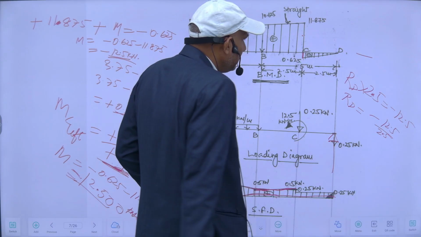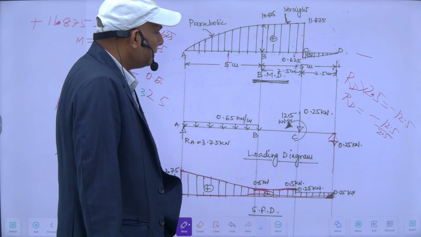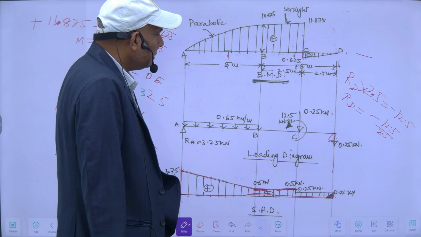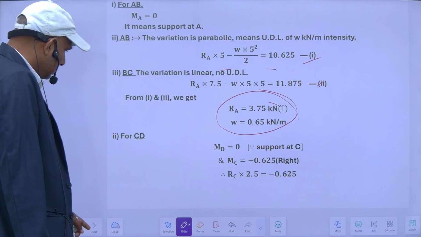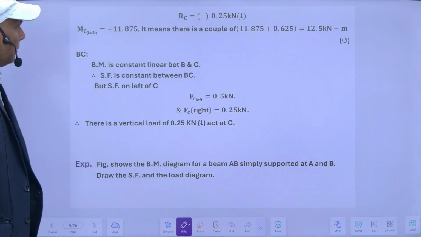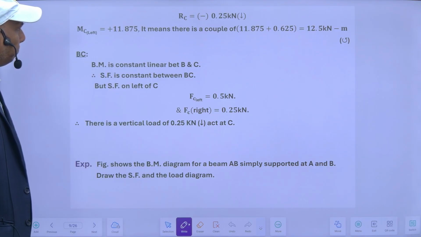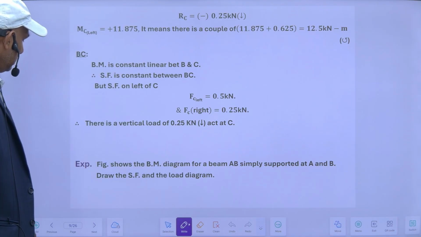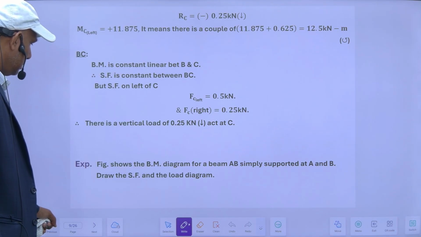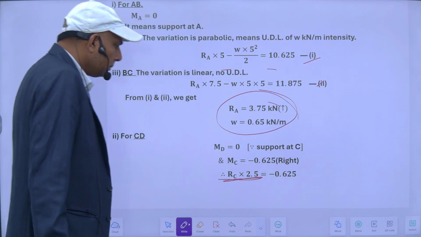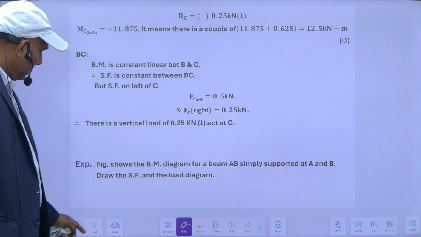Oh, this, I think this is a vertical load. This is RC. RC is equal to minus RC into 2.5. Oh, yes. So there is a twist here.